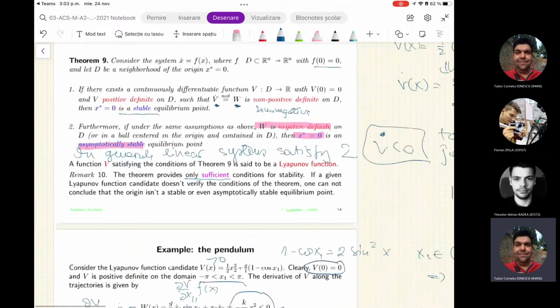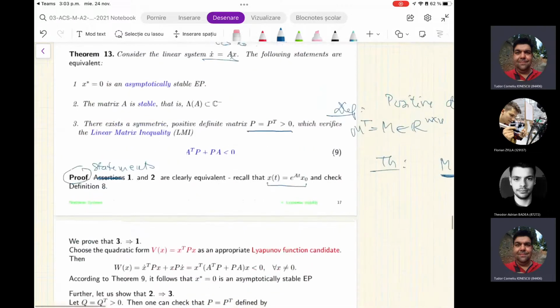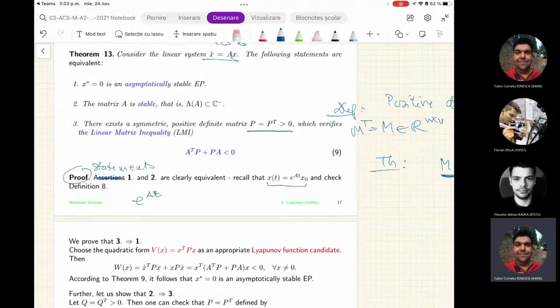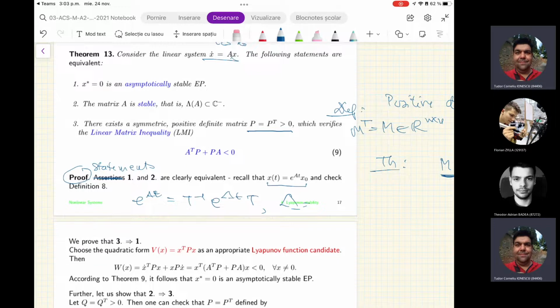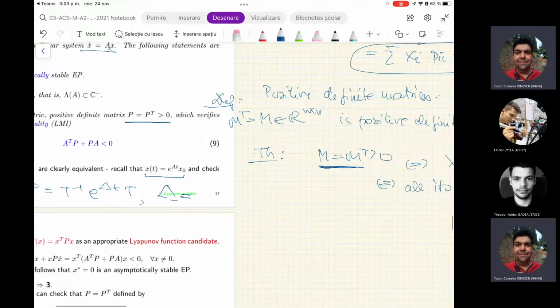Furthermore, for asymptotic stability, we know that e to the power At is T inverse e to the power lambda t times T, where we assume the matrix is diagonalizable for simplicity, so the eigenvalues are simple and distinct, lambda 1 to lambda n.